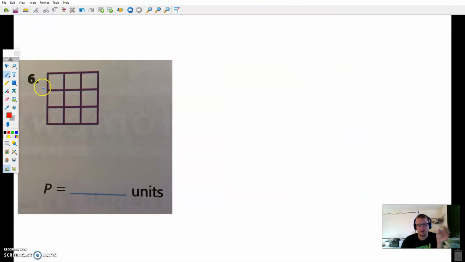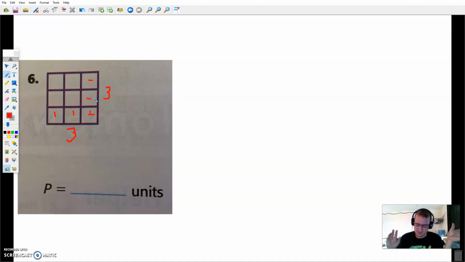What if it doesn't tell me, but it draws it out like this? This should be pretty self-explanatory as well. Can you count with me? 1, 2, 3. So that side is 3. 1, 2, 3. That side is 3. Now it doesn't tell us what units.